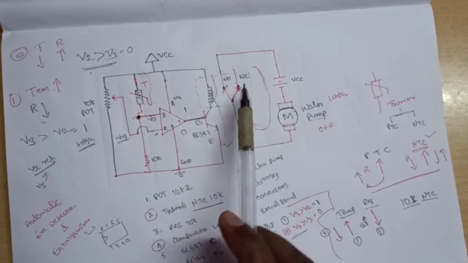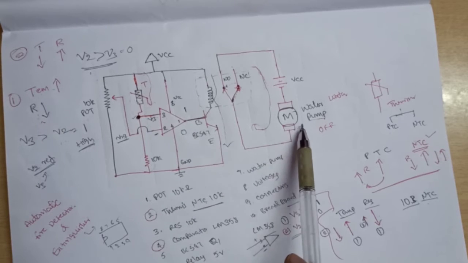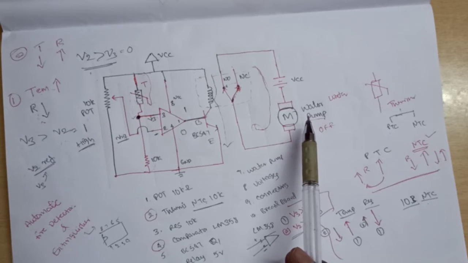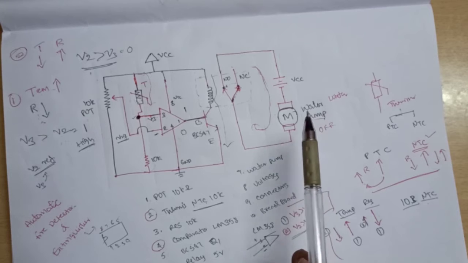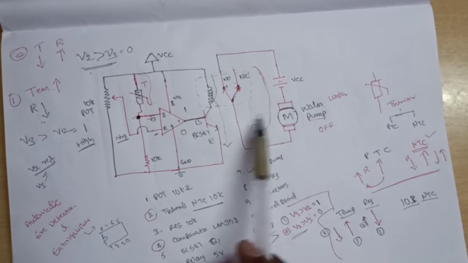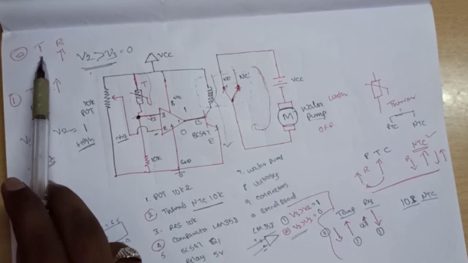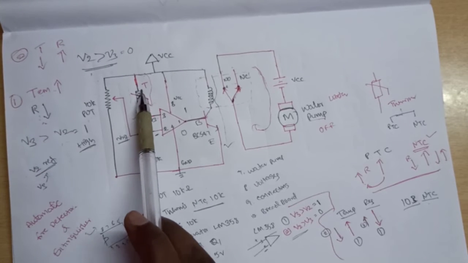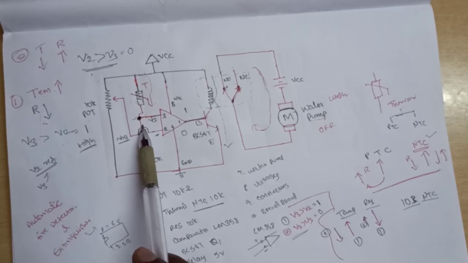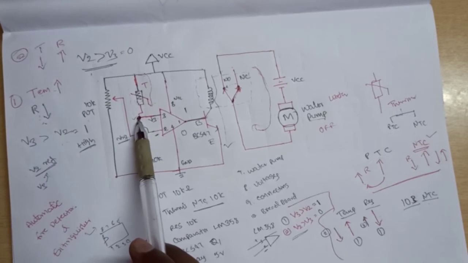Due to that output, the relay is in the on condition and the motor is also on. After some time we are pouring water on the fire, so the temperature will be decreased and resistance will be increased. Due to the increase in resistance, there is no current flow in this path, so there is no voltage.